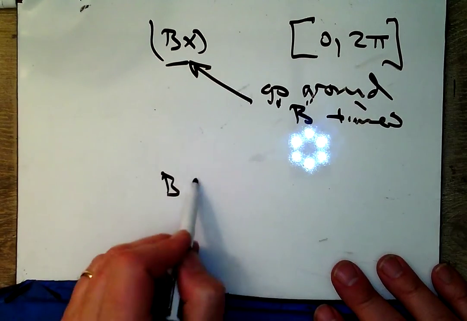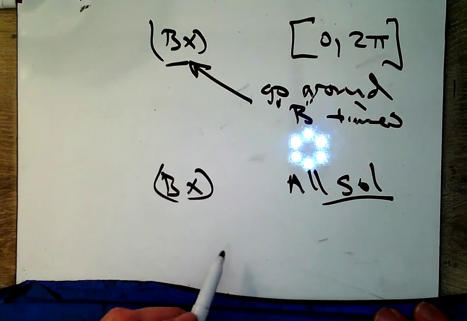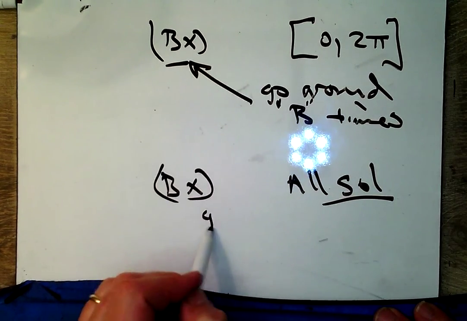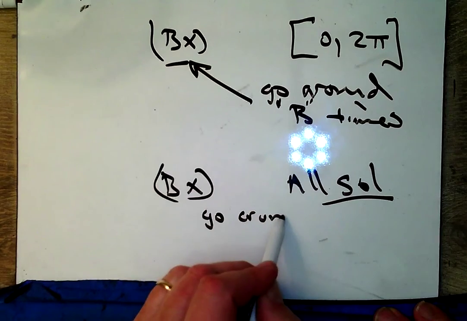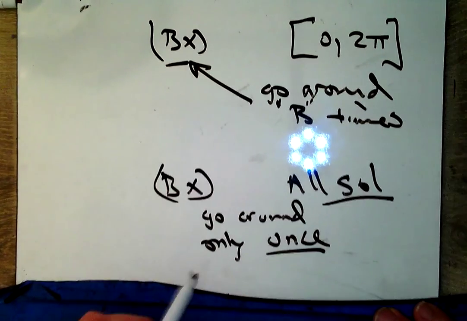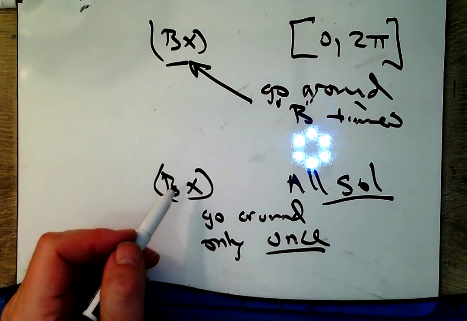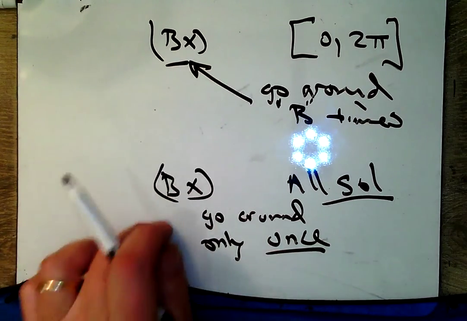But if I've got that b value for all solutions, well, I'm going to go around only once. I'm going to slap on the plus 2 pi n or the plus pi n, and I'm going to divide everywhere but that b value.